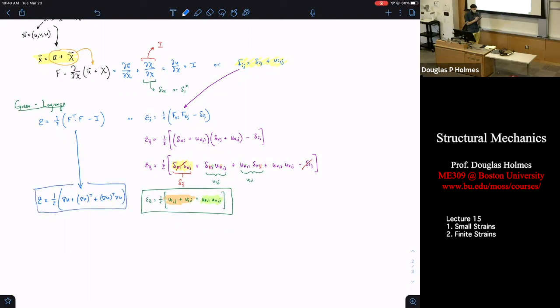Again, I don't expect you to know how to derive this or know how to even use these, because using them is not easy. What I do expect you to know is that if you see a strain tensor like this, in which you see u appearing twice in the same term, this is a nonlinear strain tensor. That's the main thing I would like you to be aware of.